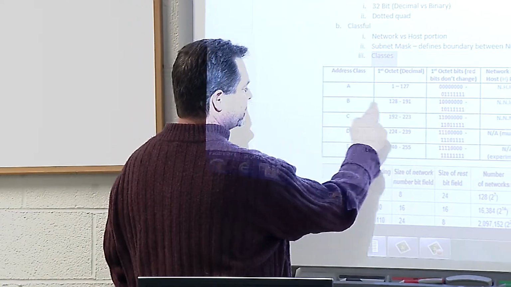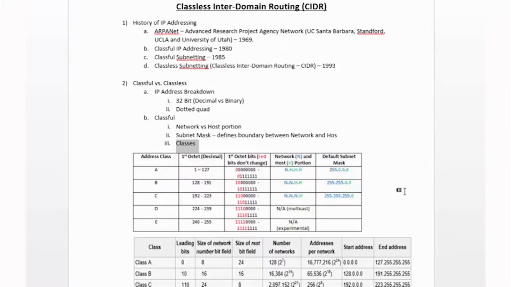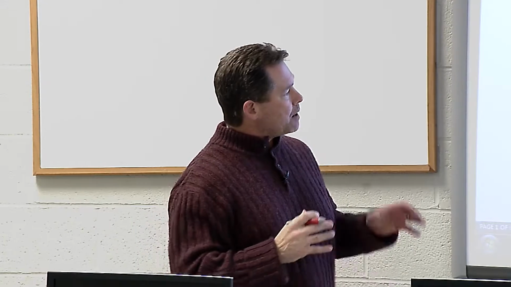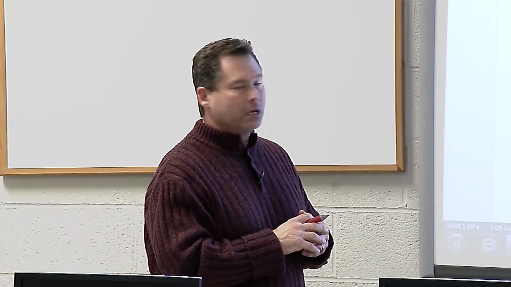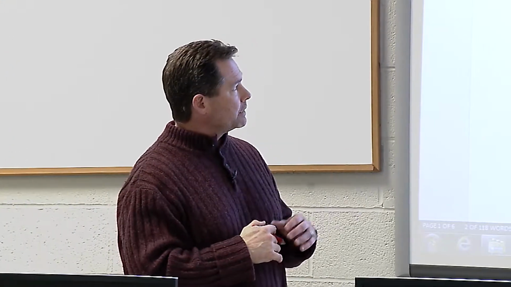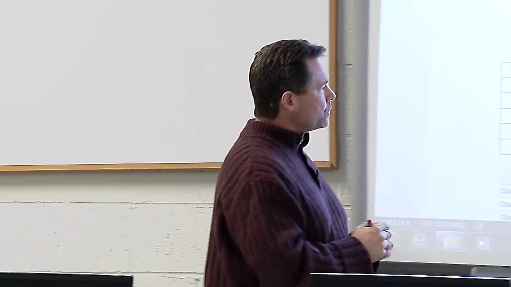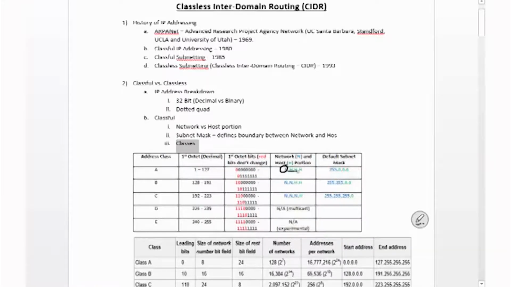With the Class A address, you can see that N right here. That N stands for network, and that was the network portion of the address. We'll get into the addressing here in a little bit. And the rest of these were able to be assigned to host values, so computers, printers, what have you.